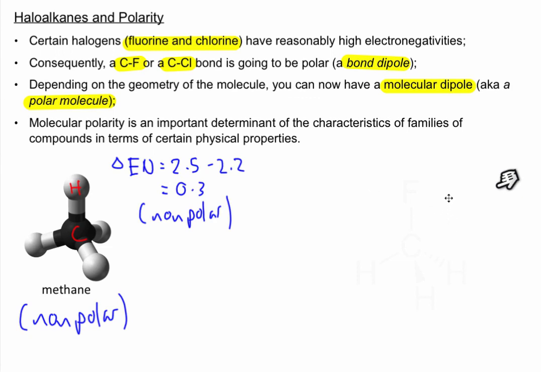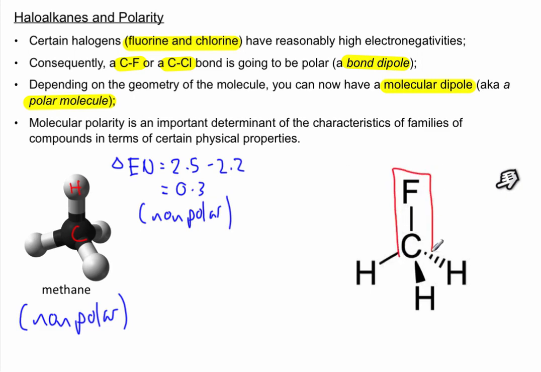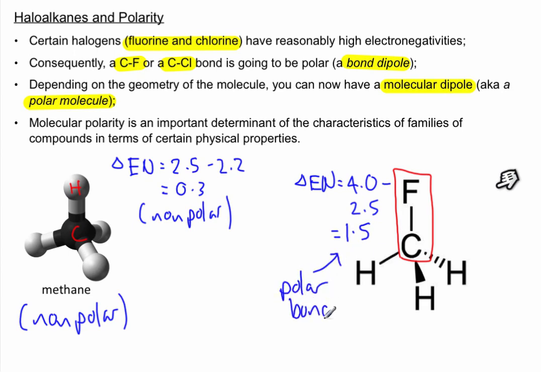Well, let's look at another one. So this is fluoromethane. Fluoromethane has this carbon-fluorine bond, and the delta EN for that is 4 for fluorine minus 2.5 for carbon, 1.5. So that is a very polar bond. Because of the geometry, the arrangement of that polar bond and these other non-polar bonds, you have a polar molecule.